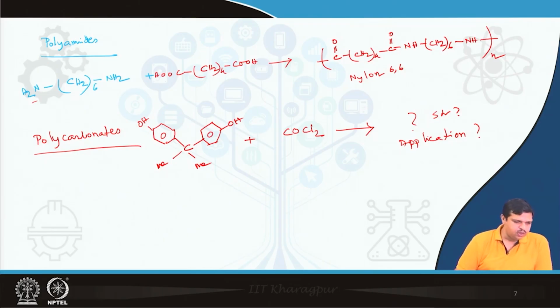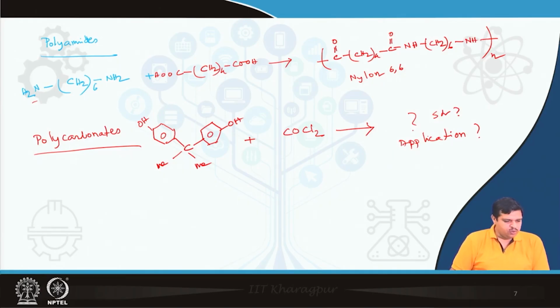These are the general properties of step growth polymerizations. The reaction is quite slow; sometimes you have to run it for few hours, few days. But this is very easy, which is probably the main advantage. You can make it on your own in your lab, no problem at all.